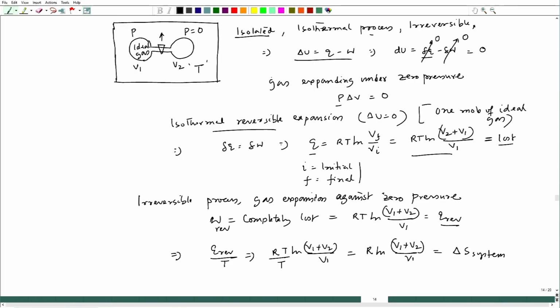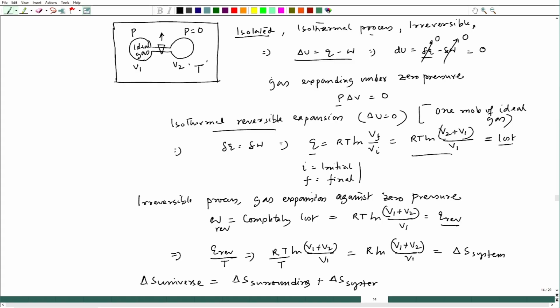Now, if I try to look at the entropy of the universe, which is nothing but del S surrounding plus del S system.